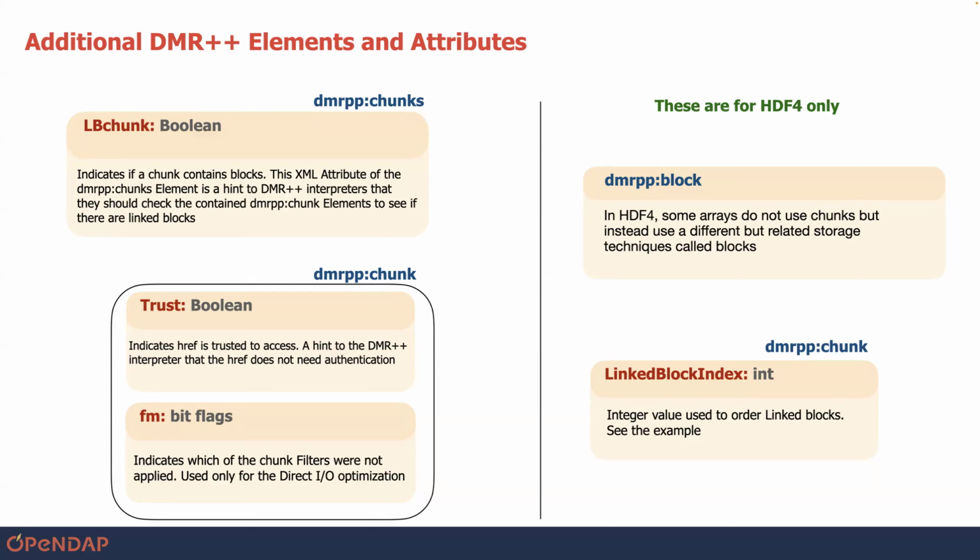The linked block index tells you how to combine multiple chunks so that they can be treated as a whole. In HDF4, a chunk is not an atomic unit of storage the way it is in HDF5 or the way a chunk is in Zarr, where you never would break up a chunk. It's atomic in the old school view of the word atomic.